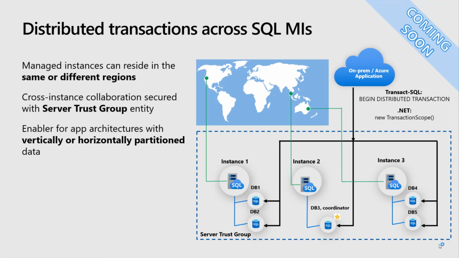One of the databases participating in this distributed transaction will be declared as a transaction coordinator, which means that the instance hosting this coordinator database must be able to communicate with the other instances participating in the distributed transaction. This also means that there must be a trust established between those instances. This leads us to the newly established entity, so-called server trust groups. This is the abstraction for establishing trust between the instances.